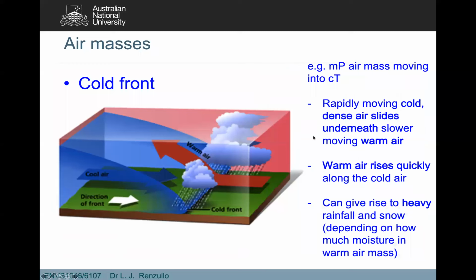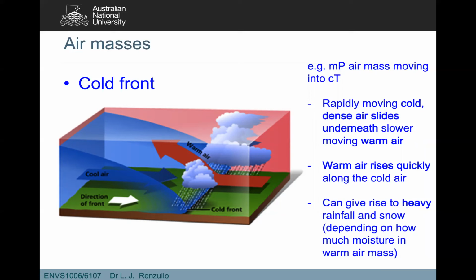When we have a polar air mass, for example, encountering the continental tropical air mass, the polar air mass is maritime, so it's moist, and it's from the polar region, so it's cool. Whereas the continental air mass is warm and dry. When those two air masses meet, you have a cold moving air mass encountering a warmer mass.